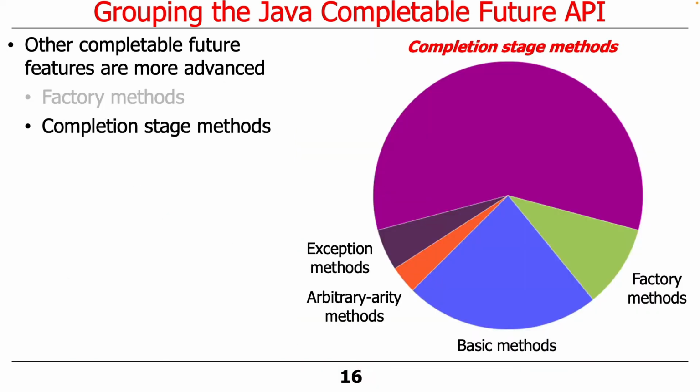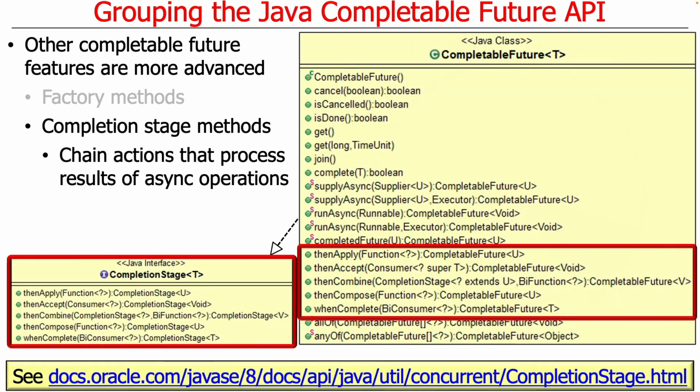The next set of methods, which are really the big ones, the biggest one by volume, as you can see here in this little pie chart, are the completion stage methods. What they do is chain together actions using the fluent interface pattern that process the result or the results of asynchronous operations.